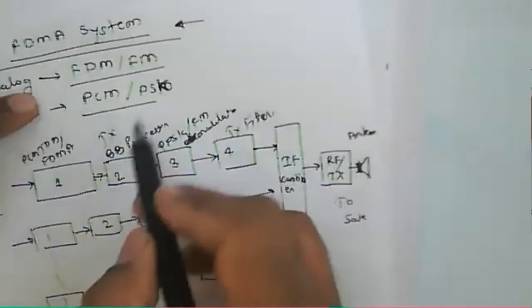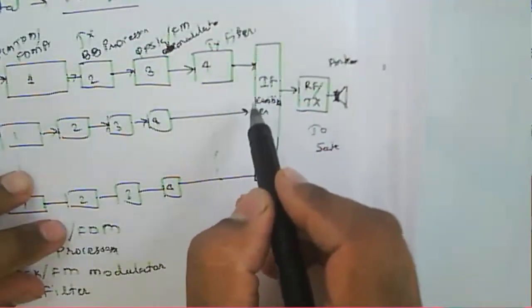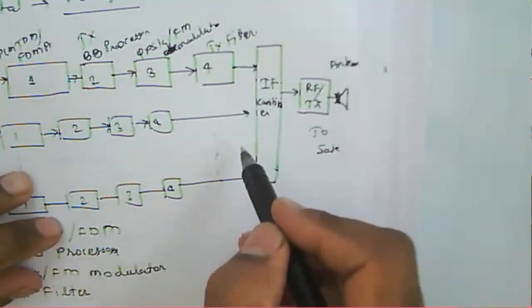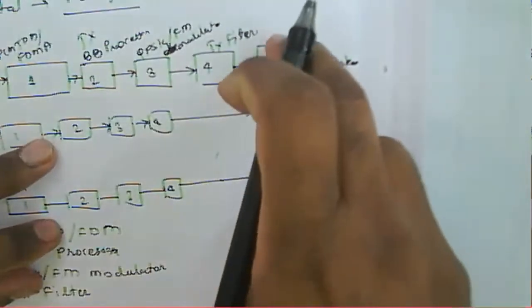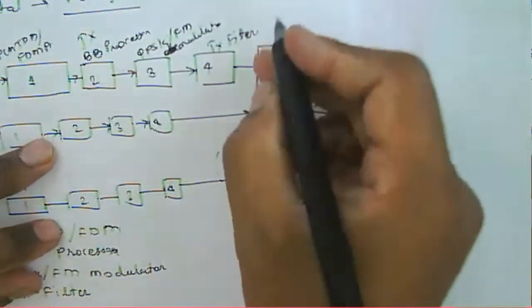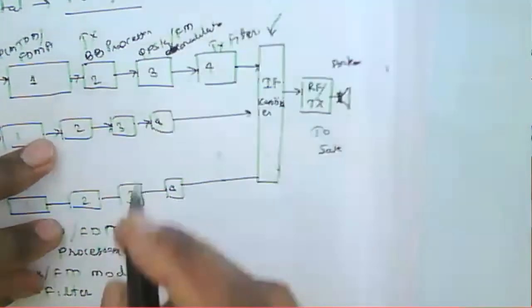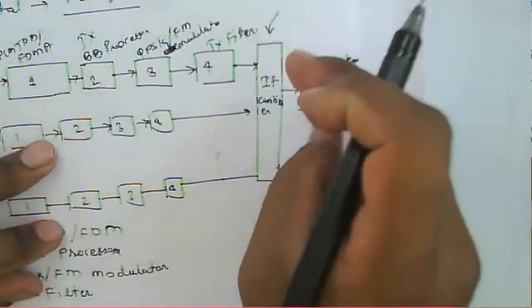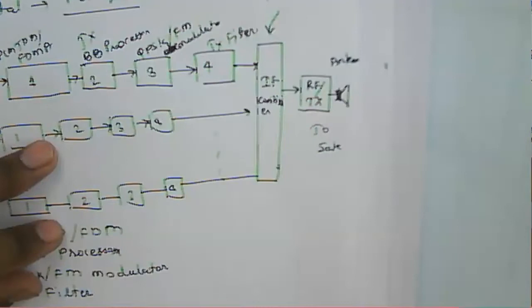And all these modulators are using a common IF combiner, and that is operating within a specific frequency band. Generally, that will be operating at typically 70 megahertz, and these modulated carriers are transmitted to a proper frequency in the IF spectrum.